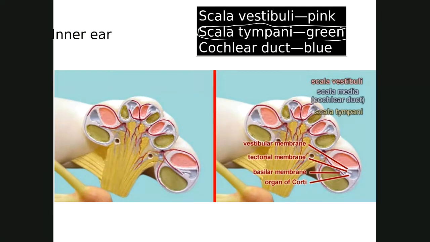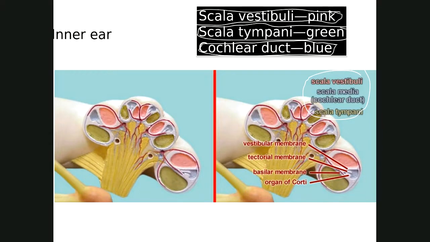And all of the blue ones are the cochlear ducts. So, pink, it's got to be the scala vestibuli. Green, it's got to be the scala tympani. Blue, got to be the cochlear duct. Same way all the way around. Is this making sense to everyone?